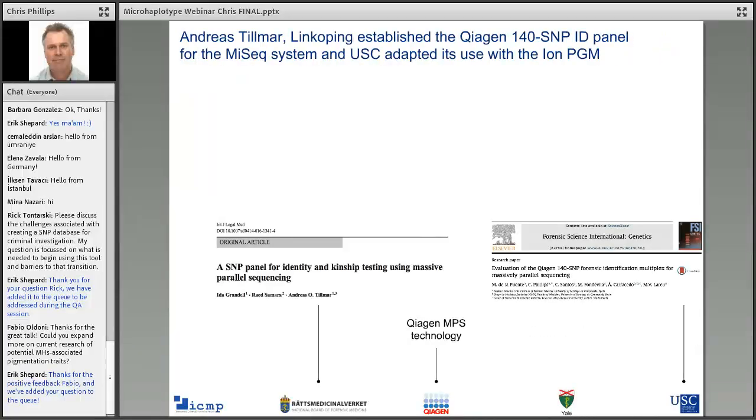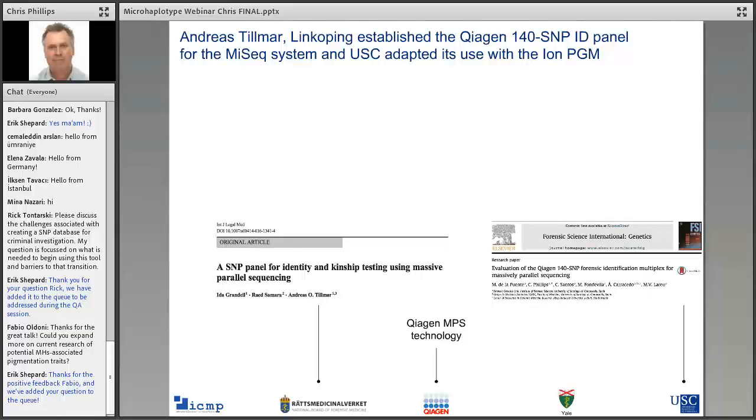So ourselves and Andreas had already been familiar with the QIAGEN NPS technology, so we were evaluating a 140 SNP identification panel. This is not using QIAGEN's NPS chemistry known as QIAseq. This is just a PCR and library preparation kit that can feed into existing systems.